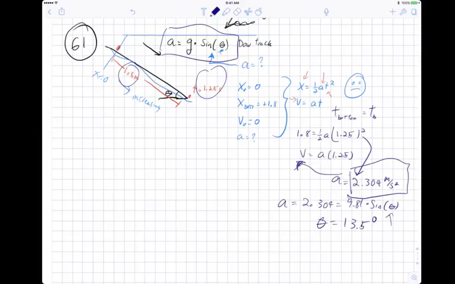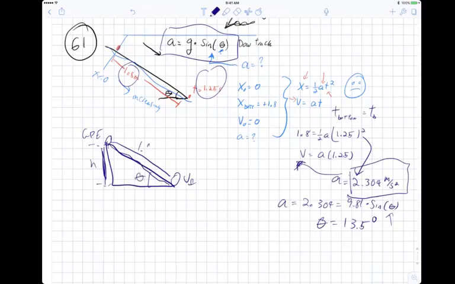And then if I know this final speed, I can figure out what the initial gravitational potential energy is. And if I know the initial gravitational potential energy, that tells me this side. And so I know this side of the triangle and this side of the triangle, and I just find this one using trig functions. But we don't know how to do that yet in class, so don't worry about that.